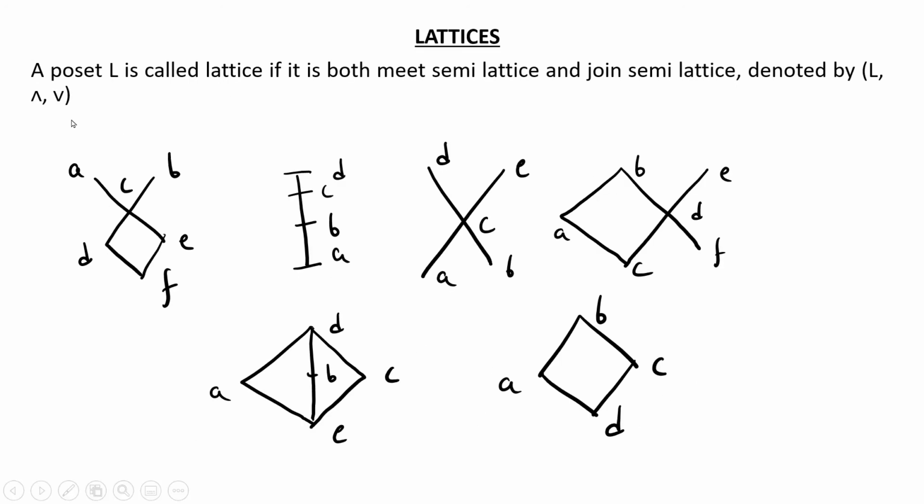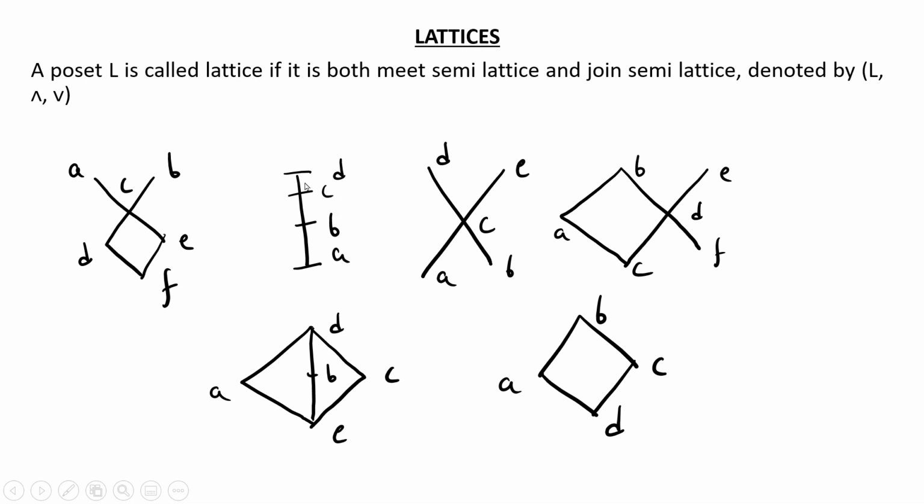A poset L is called a lattice if it is both a meet semilattice and a join semilattice. So it can be denoted like this: L, meet and join. So obviously this is not a lattice because we have the problem of the A, B pair.